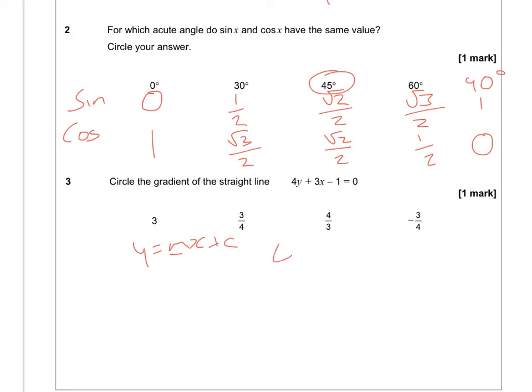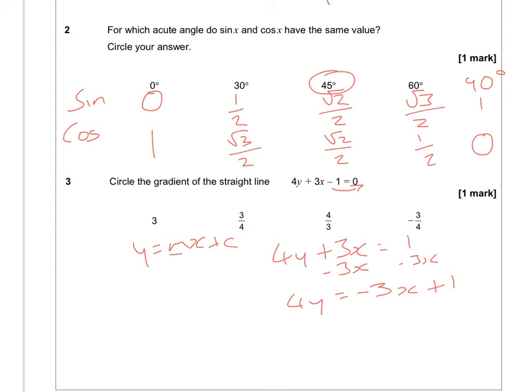We're going to start off by 4y plus 3x, and I'm going to move the minus 1 to the other side, so that becomes a plus 1. I'm now going to move the 3x, so we're going to take away 3x from both sides. So we get 4y equals minus 3x plus 1.